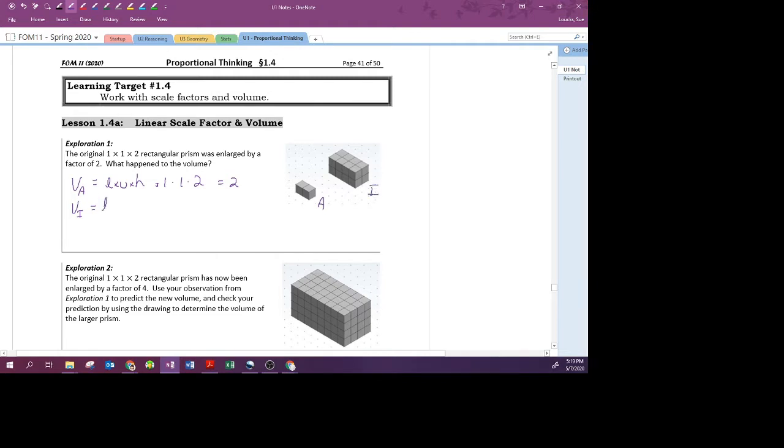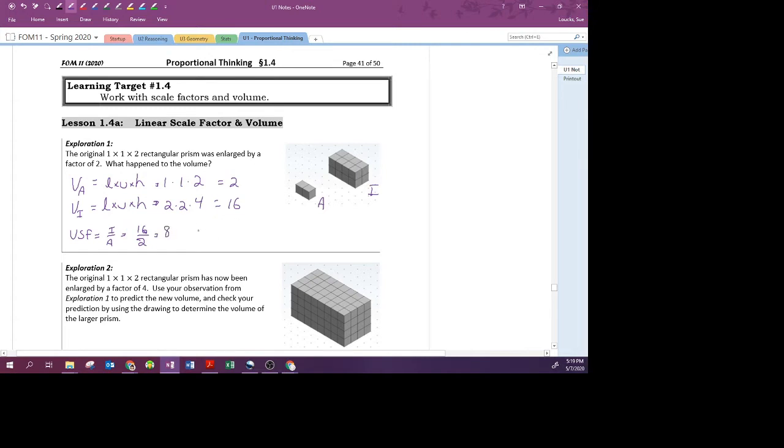Length times width times height. So now it's 2 times 2 times 4, which is 16. So the volume scale factor is image over actual, which is 16 over 2, which is 8.